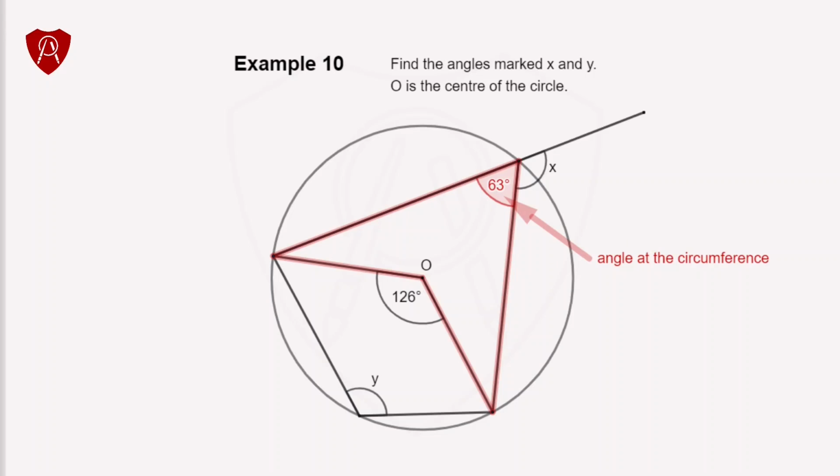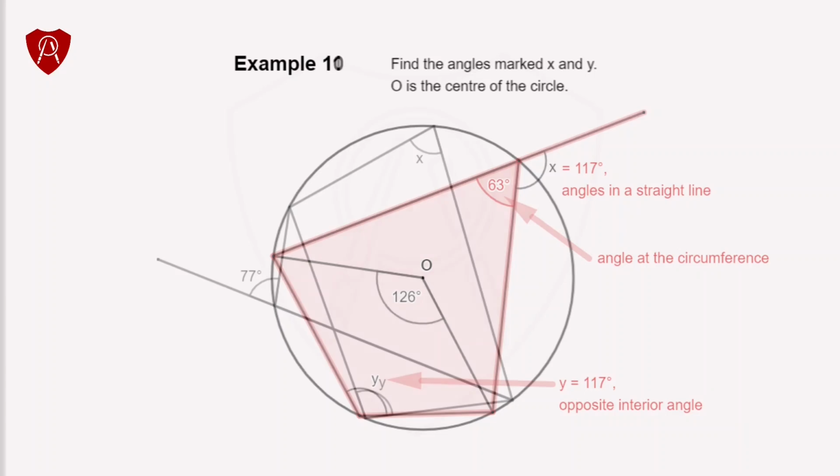Therefore, x, the exterior angle, is 117 degrees to make a sum total of 180 degrees for angles in a straight line. Now, y is the opposite interior angle with respect to x. So, y is also equal to 117 degrees.